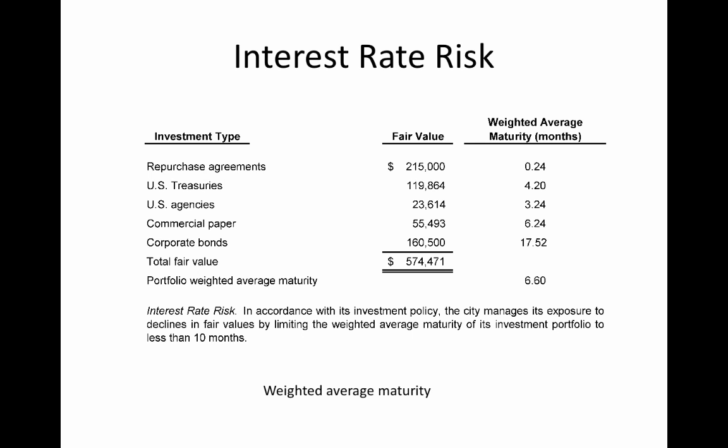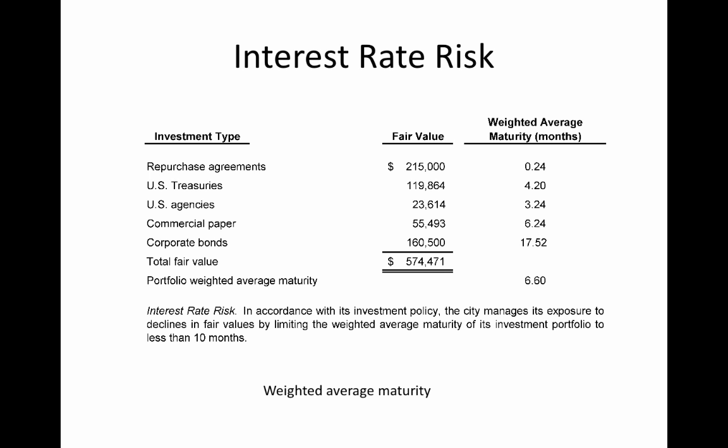Another way to disclose it is by showing the weighted average maturity, which is essentially looking at any group or types of investments and looking on average when they are going to mature. This particular disclosure is showing the weighted average maturity in months. So you can see up to this point, it's all a half a year or less.